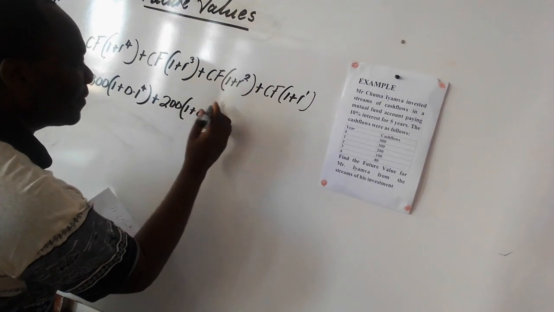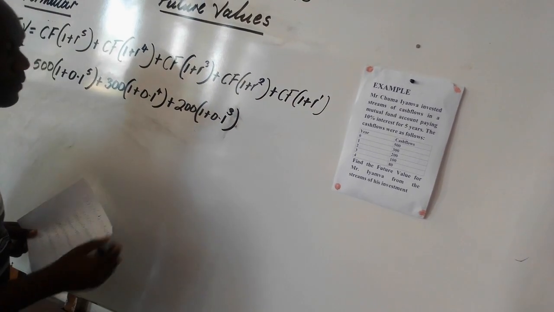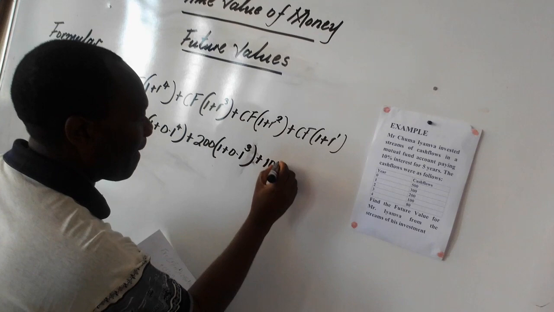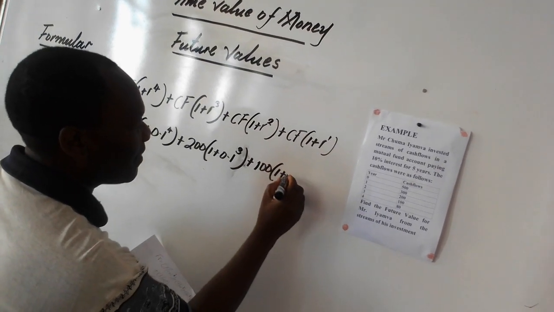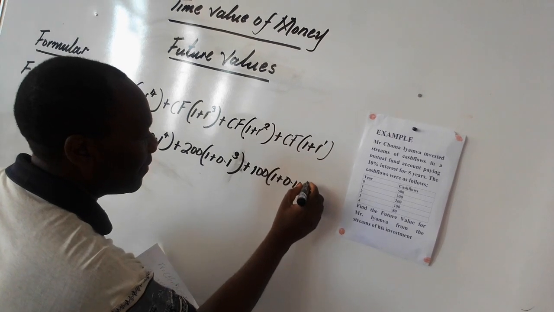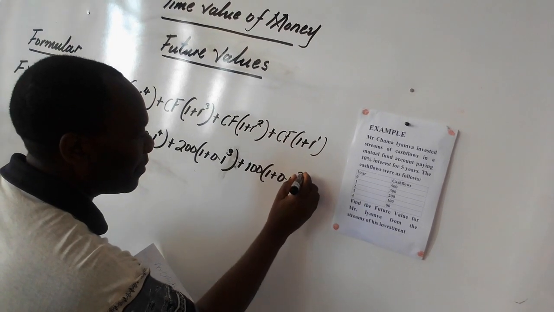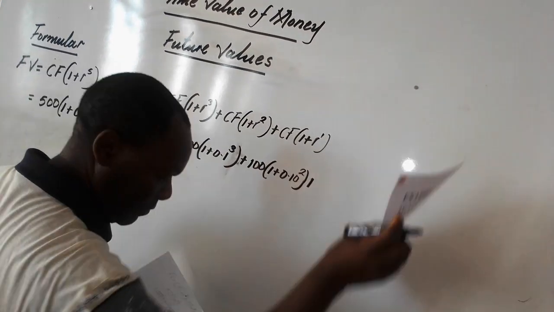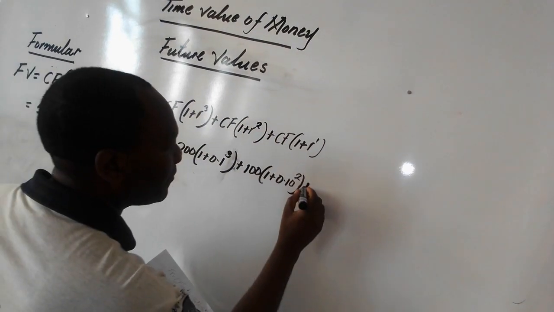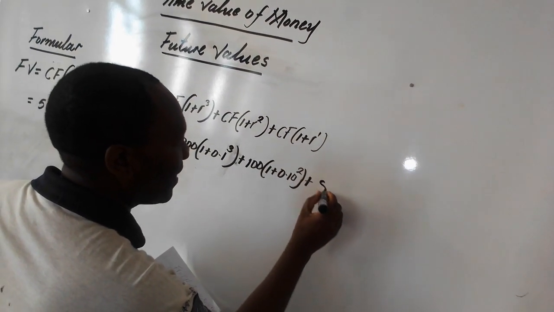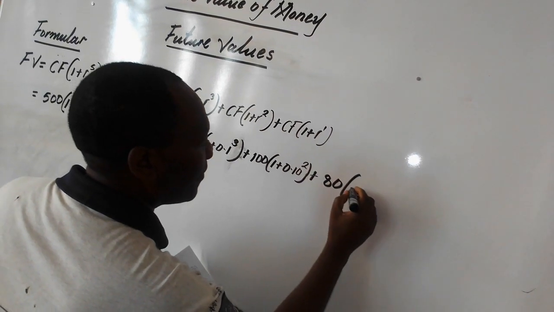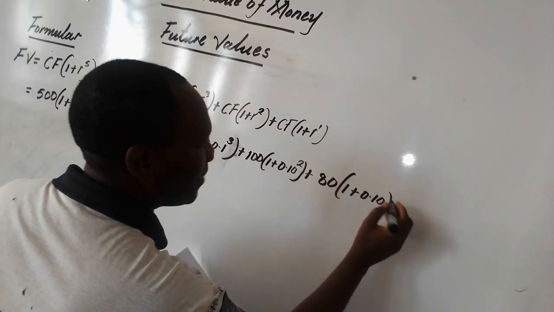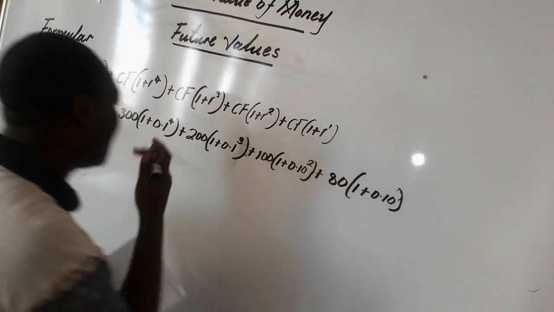Then the fourth one, we have cash flow, which is 100, open bracket 1 plus our rate, which is 0.1, to power 2. And the last one, we have plus our cash flow, which is 80, open bracket 1 plus our rate, which is 0.1, to power 1. Which is as good as leaving it the way it is.